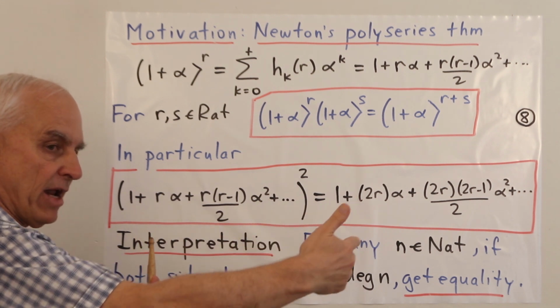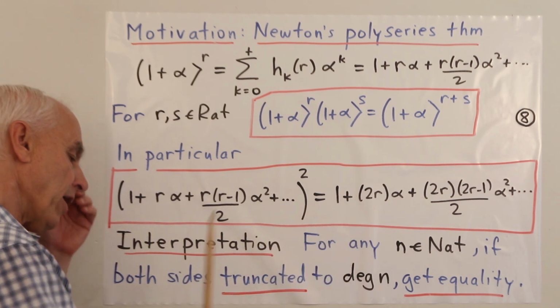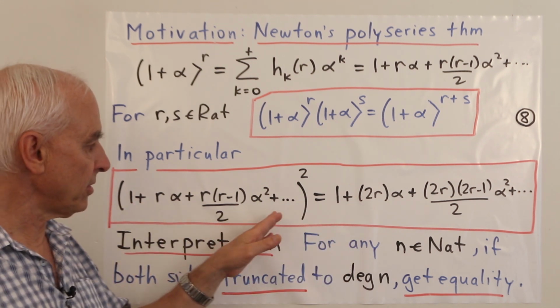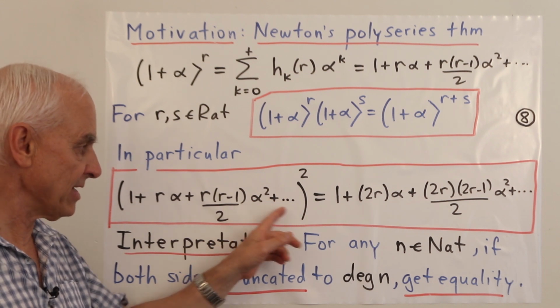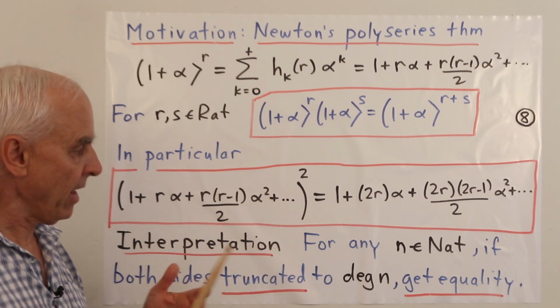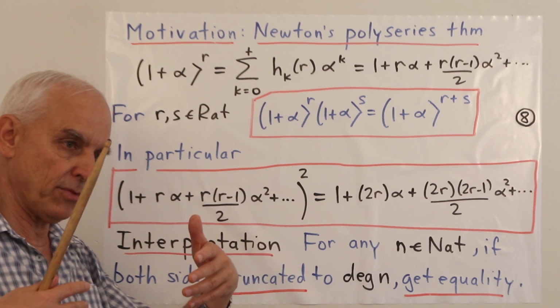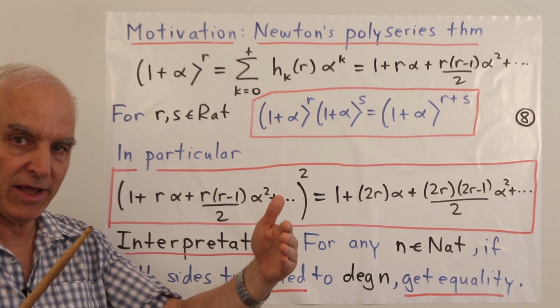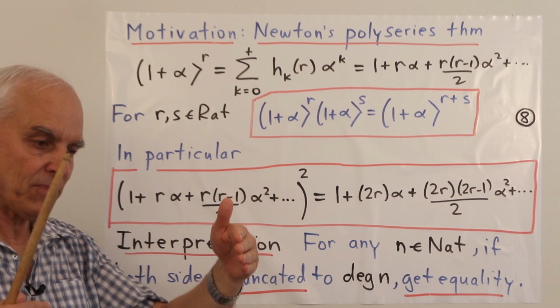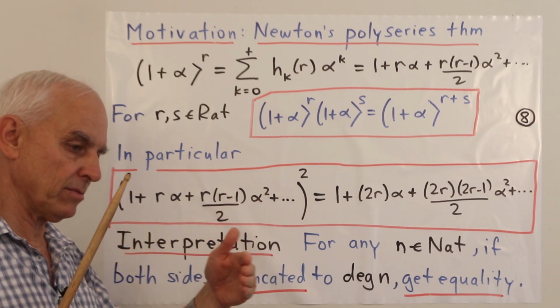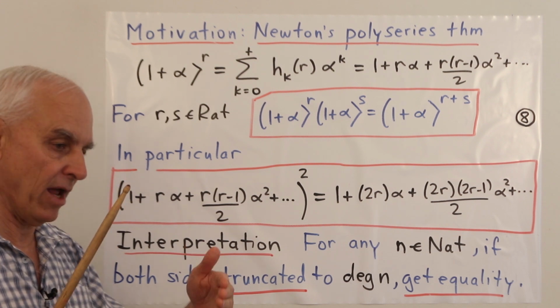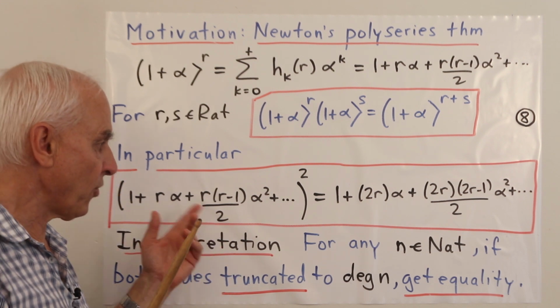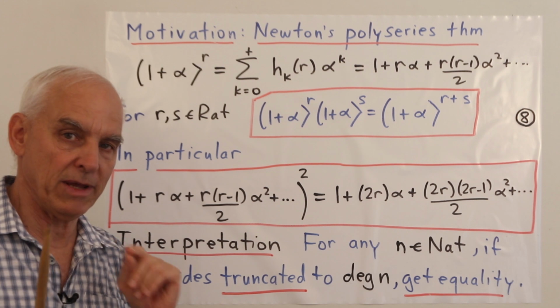That's going to give us a finite polynumber. Over here, if we go up to terms of degree n inside the bracket, and then square that, then we're going to get additional terms. But if we drop those as well beyond alpha to the n, so we end up with just an expression involving powers of alpha up to n, then those two polynumbers are going to be equal.